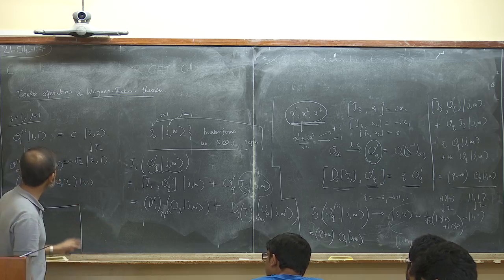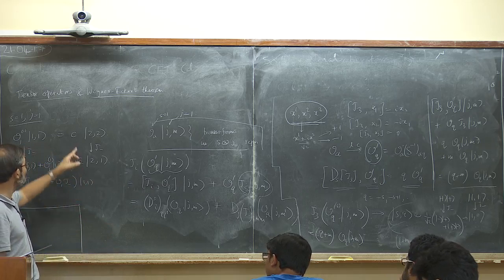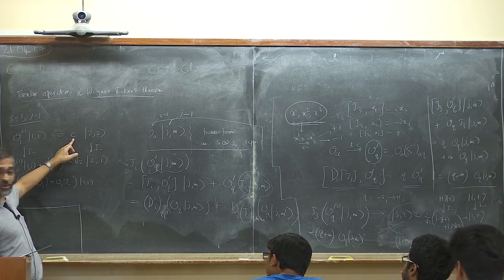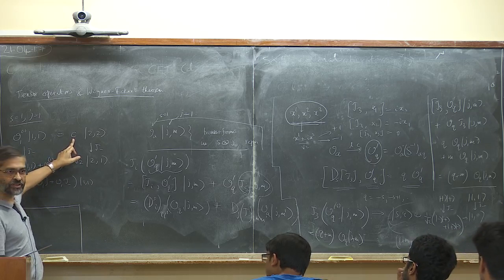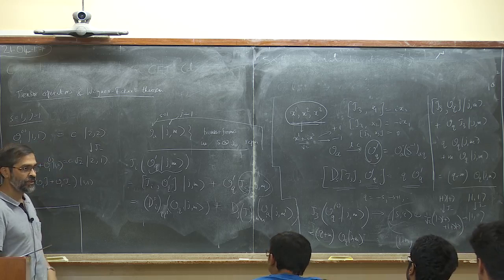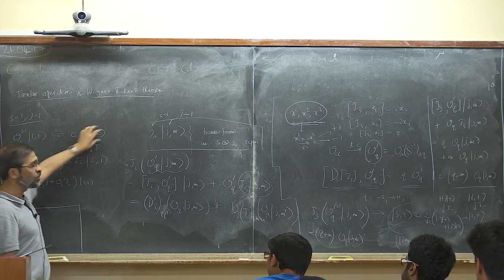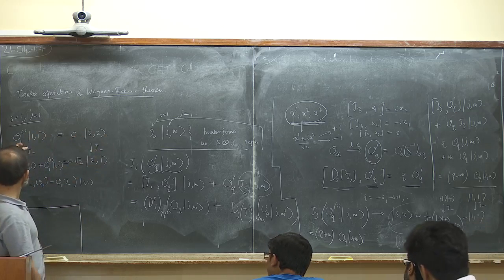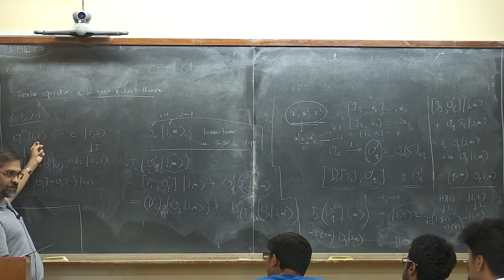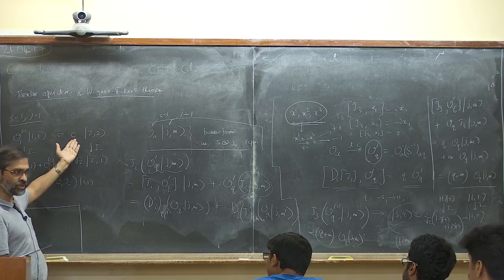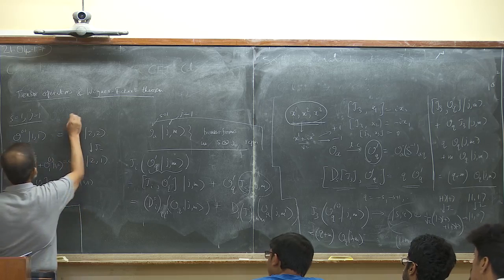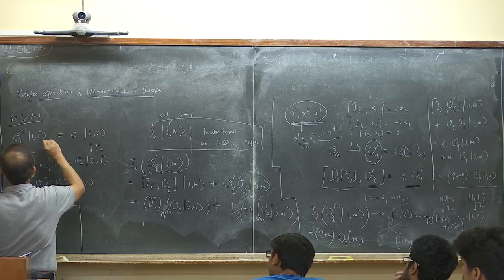The only difference is that there is a coefficient here coming from the normalization of this state. Because 1, 1 is normalized, 2, 2 is also normalized, but some operator is acting on this. Therefore there has to be a coefficient here. What is that coefficient?